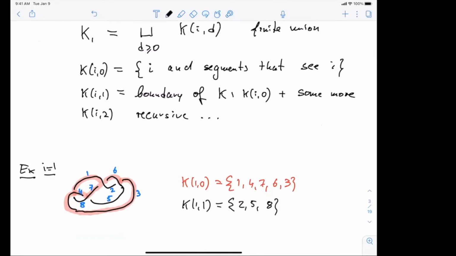And so we want to construct a representation of the quiver. Remember, the segments of the knot are the vertices of the quiver, and these sets determine the dimension at every vertex.